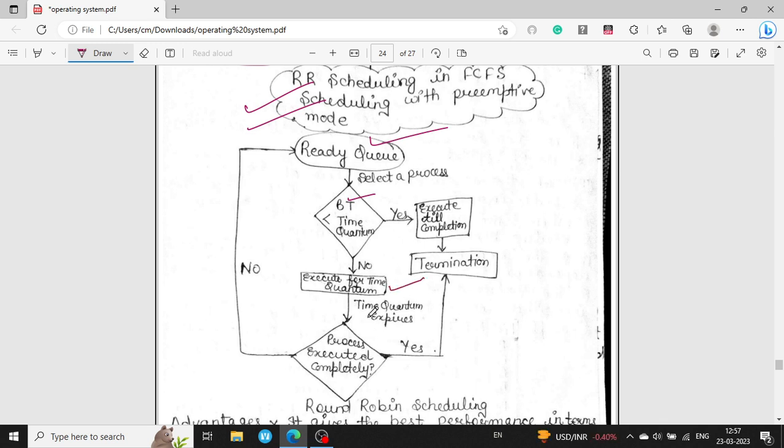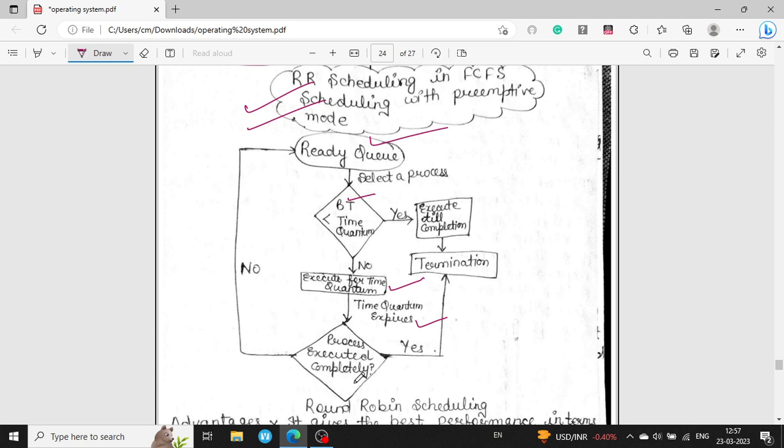When the time quantum expires, it goes back into the ready queue. Then again it checks whether burst time is less than time quantum, then it will execute till completion and terminate.